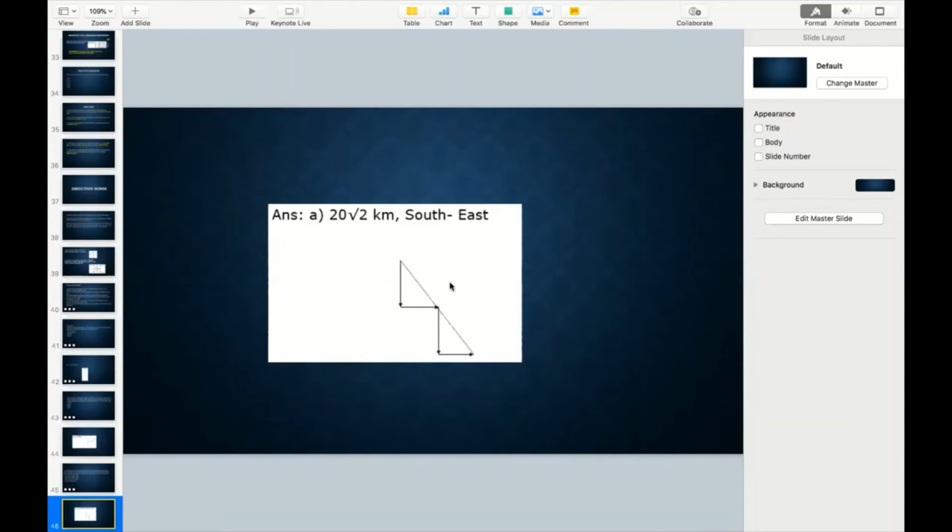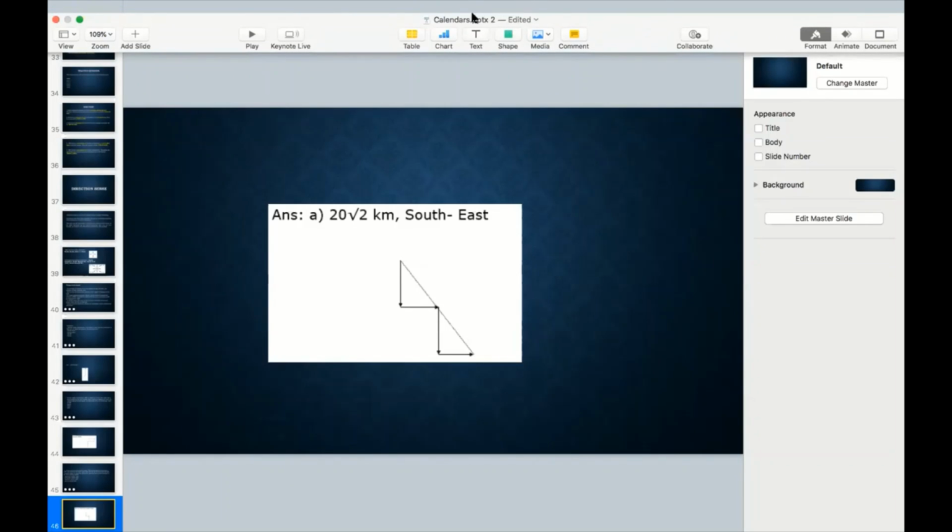When you complete this triangle, you will see that the two sides of the triangle come out to be 20 kilometers each. So the hypotenuse which we need to find out will be root over 20 square plus 20 square. That will give you 20 root 2. So this should be your approach.